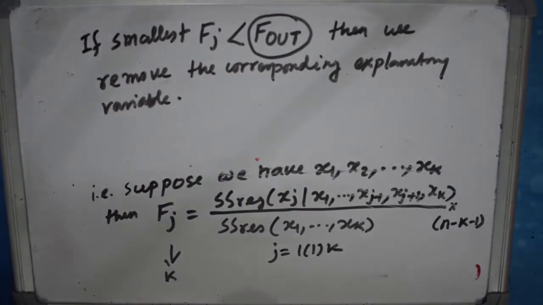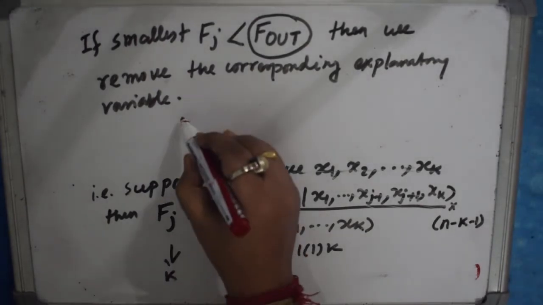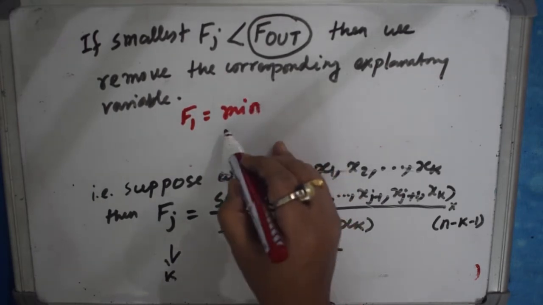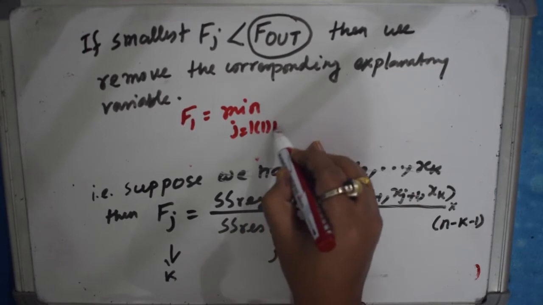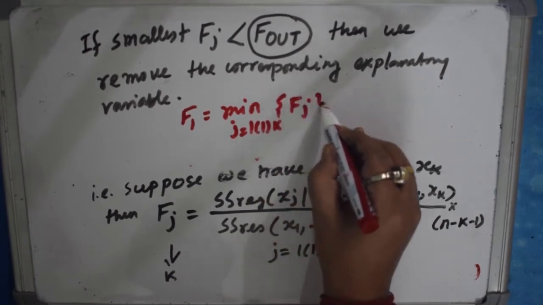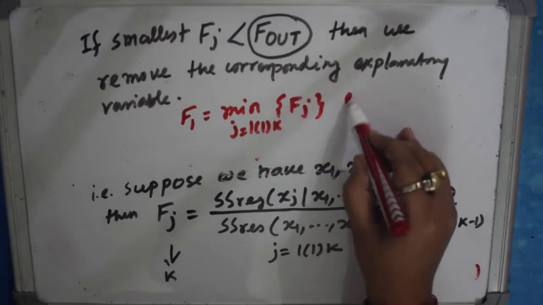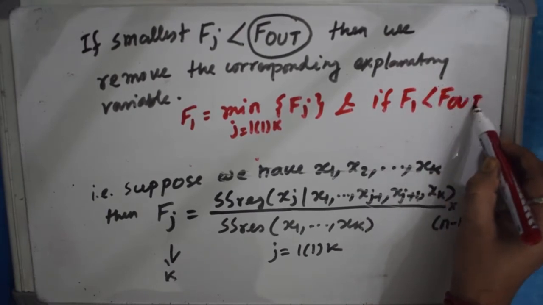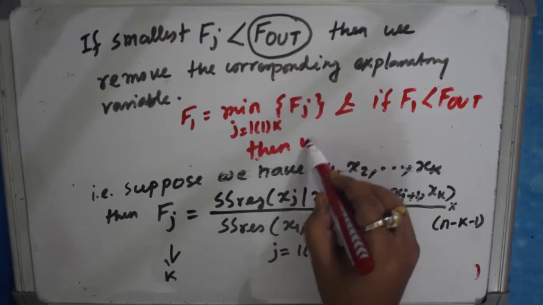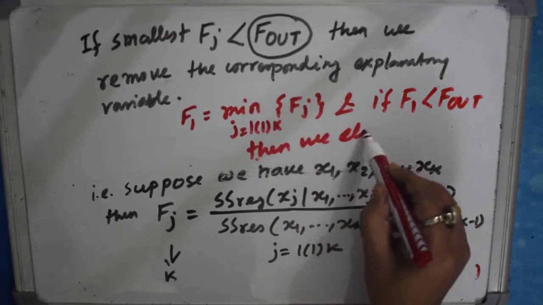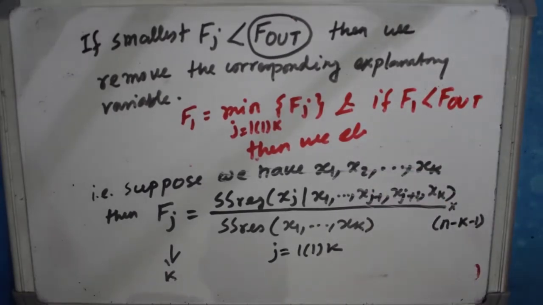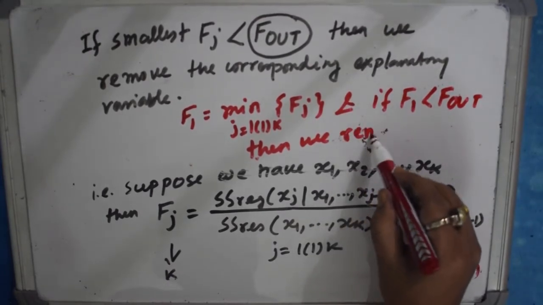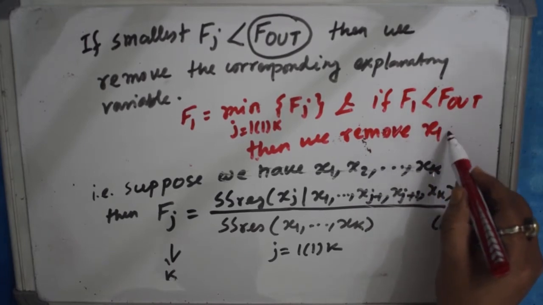That is, suppose F1 is the minimum over j, and if F1 is less than Fout, then we eliminate or remove x1.